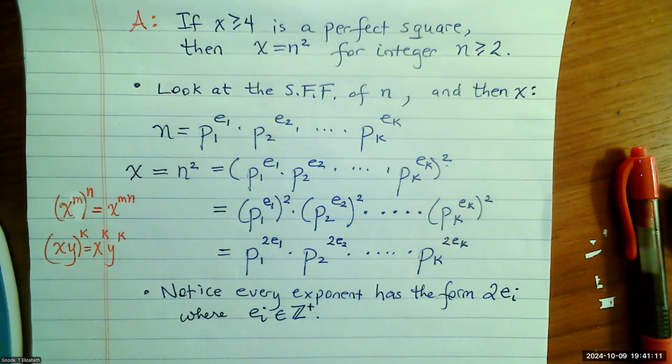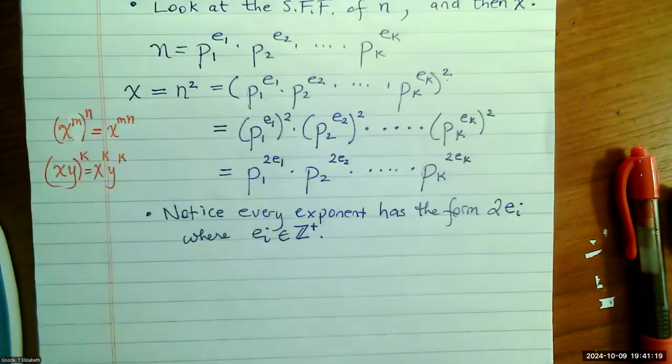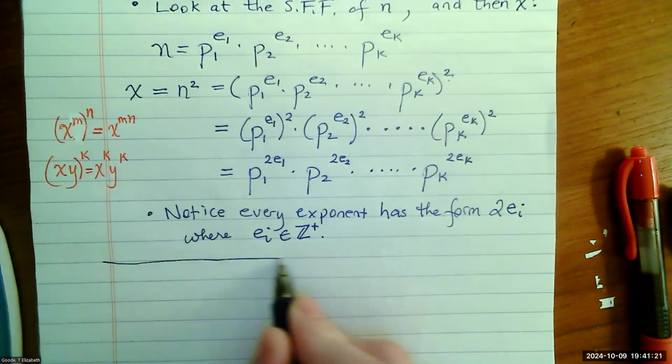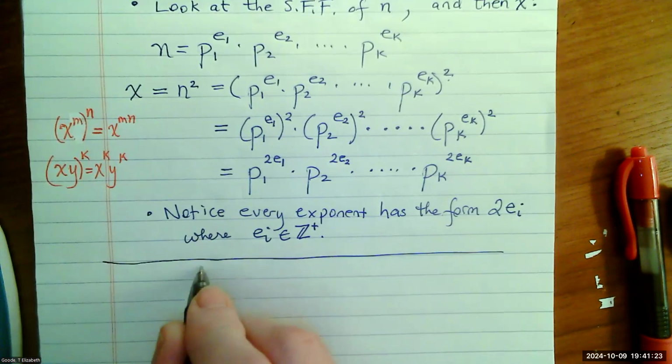So this is just a direct result of laws of exponents and the fact that we're looking at a perfect square. But what if we were looking at a perfect cube? You can do this one later.